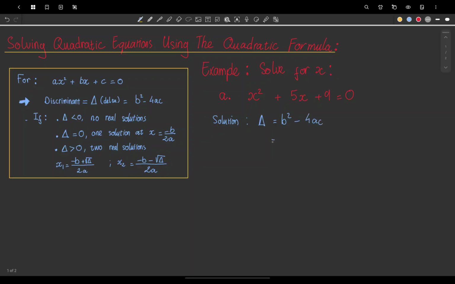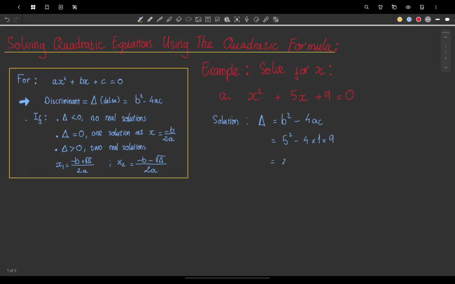Right, so your b squared is going to be 5 squared, because b is the coefficient in front of x, which is 5, and then it's minus 4 times a. So a is the coefficient in front of x squared, which is 1, times c, which is 9.